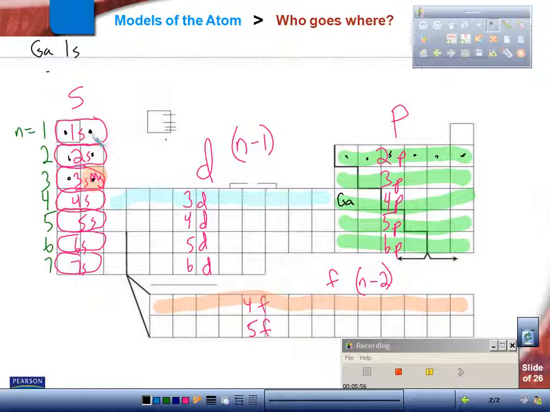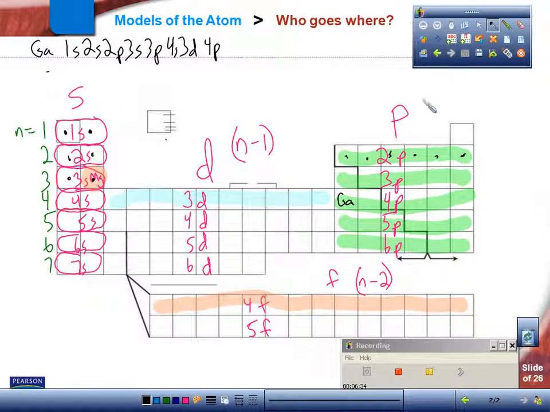So 1s has electrons, 2s comes next, 2p comes after that, 3s comes after that, after 3s is 3p, after 3p is 4s, after 4s is 3d, and after 3d is 4p. And again, I'm just reading left to right. Keep going down. Alright, so gallium's in 4p, so I'm going to stop there.